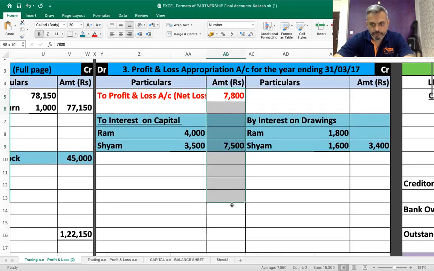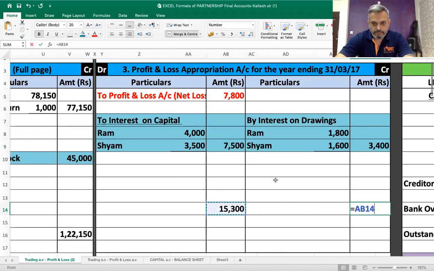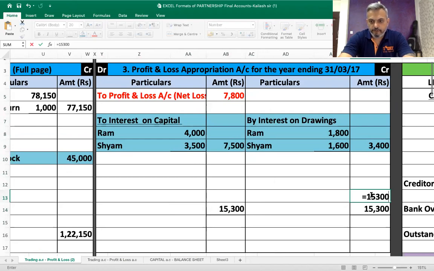So we do the total. Now difference, 15,300 minus 3,400, 11,900.